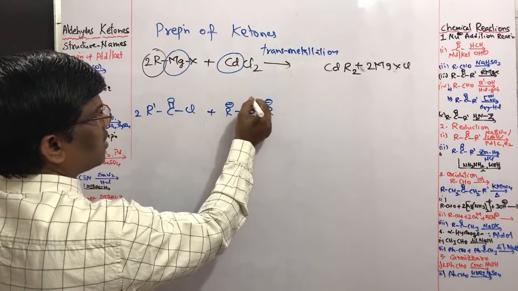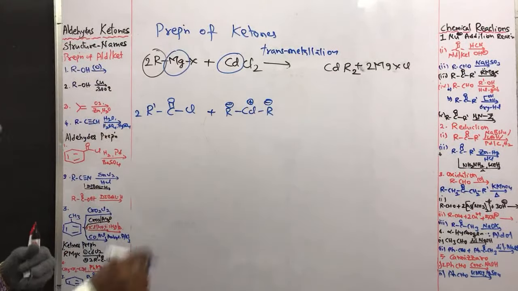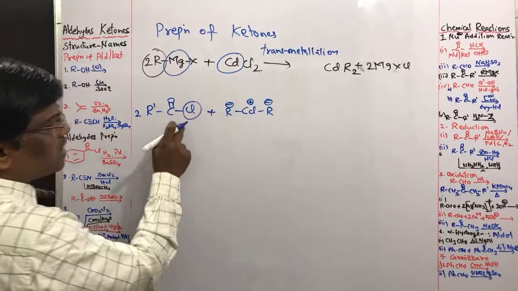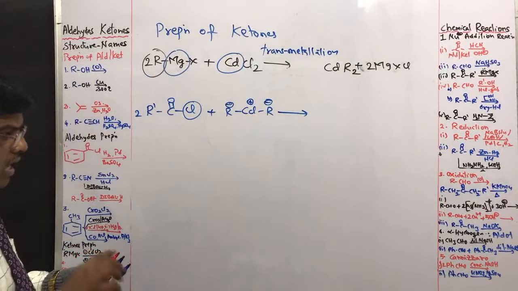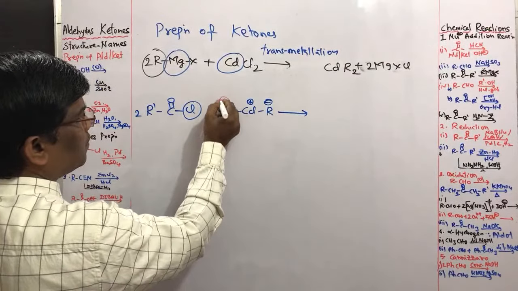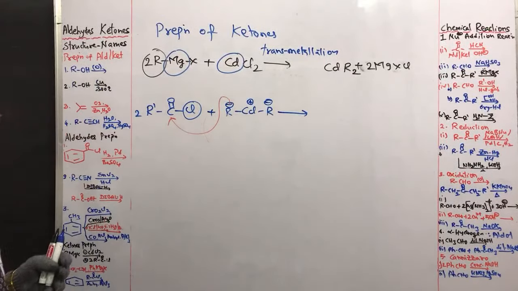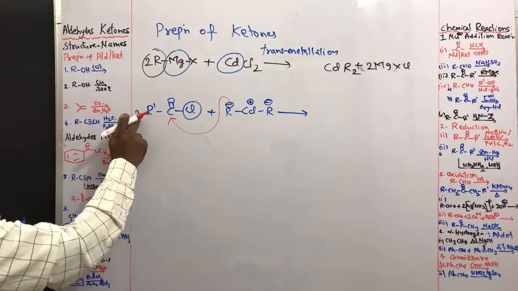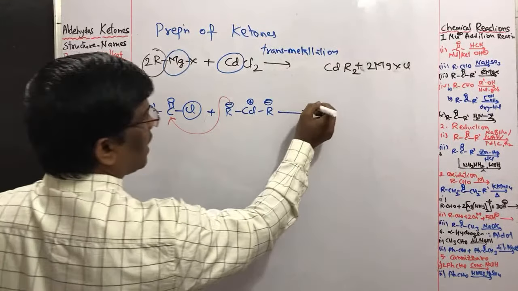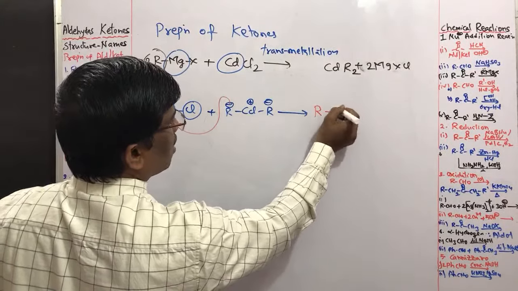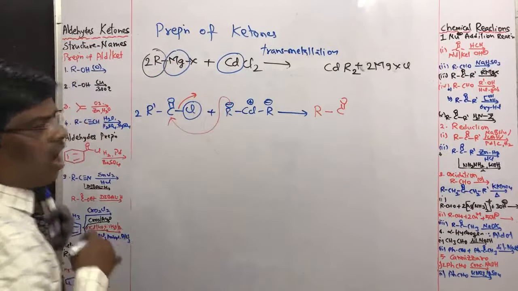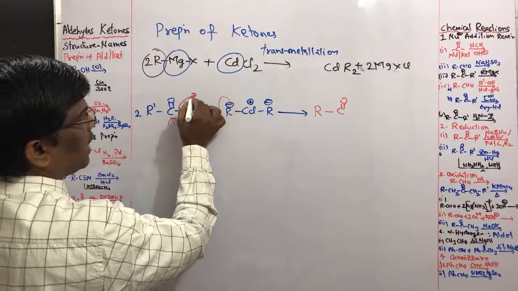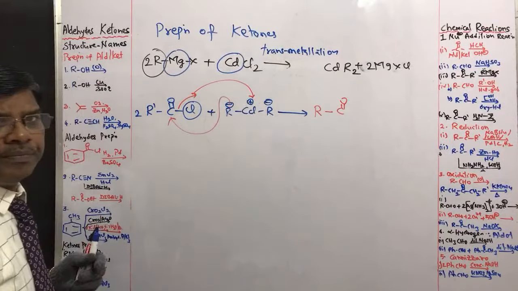This is also negatively charged, this is positive. Now, this chlorine which is there on this acyl group is going to be taken up. Since we are using 2 moles here, let me write 1 RCOCl, this chlorine going out, and it is going to be taken up by cadmium.